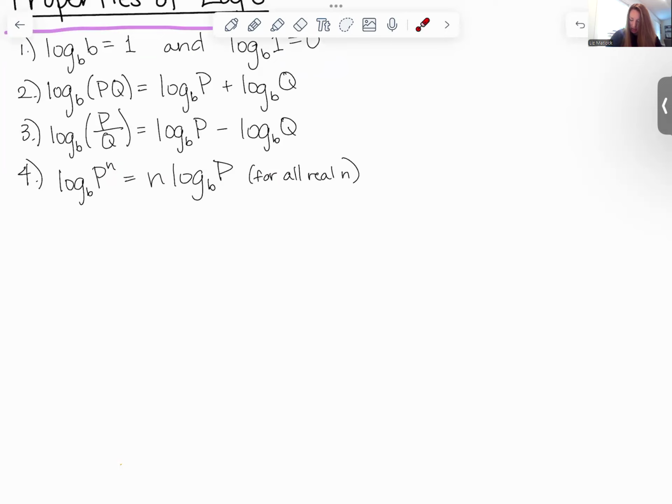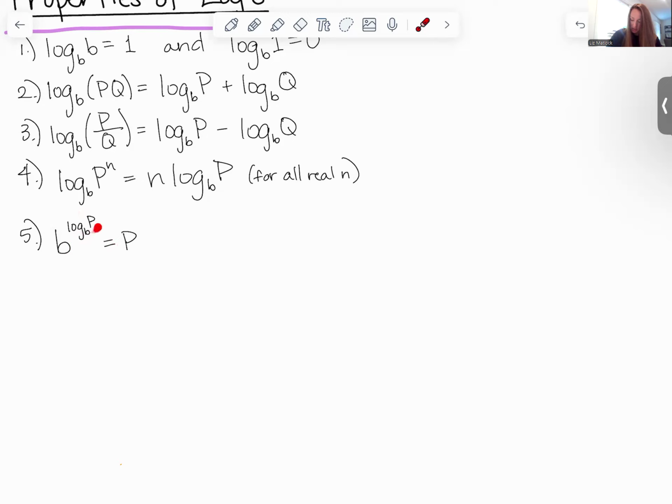And then log base b of p raised to the n. So this n is inside of the log function, only p is raised to the n, and it is equal to n times log base b of p. I know it's weird to see this without any numbers, but we'll start working with numbers once I run through these properties. All right, b raised to the log base b of p is equal to p.